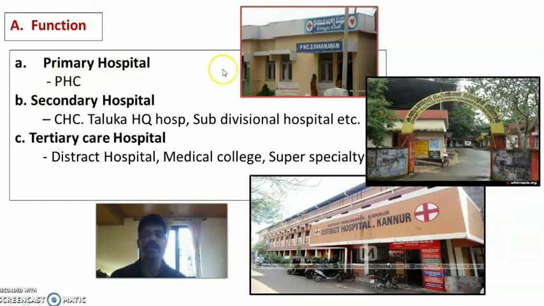PHC renders primary health care or comprehensive primary health care to the patient. Secondary hospitals like community health center, taluk headquarters hospital, subdivisional hospital all render secondary health services. Then tertiary care hospitals render only tertiary care to the patient, that is district hospital, medical college hospital, super specialty hospital, etc. So this is the classification according to the functions.